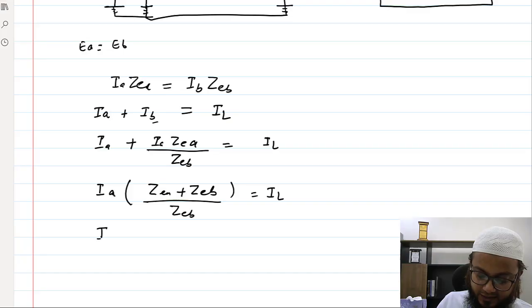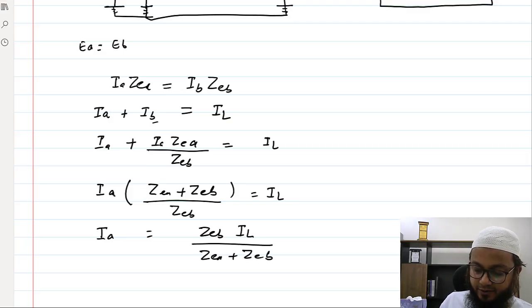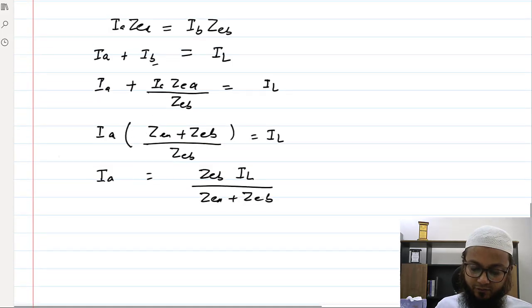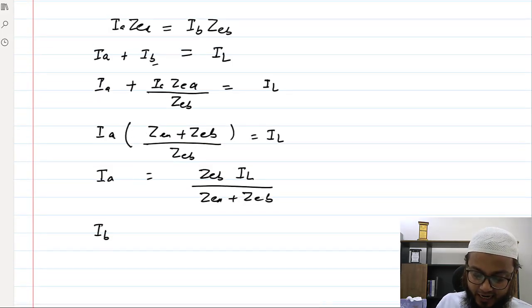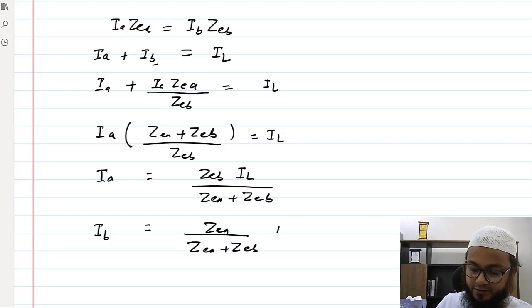So this IA is equal to ZEB into IL upon ZEA plus ZEB. And what about IB? This would be ZEA upon ZEA plus ZEB into IL.